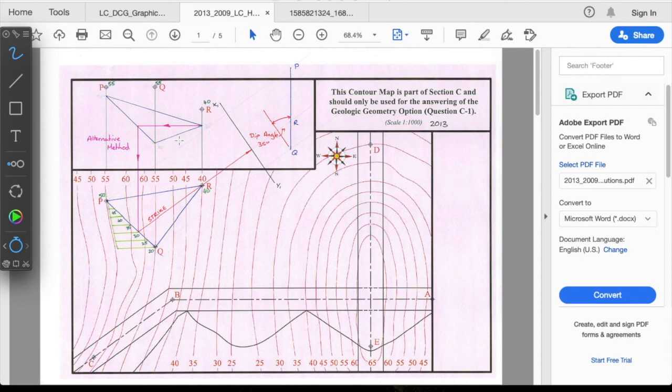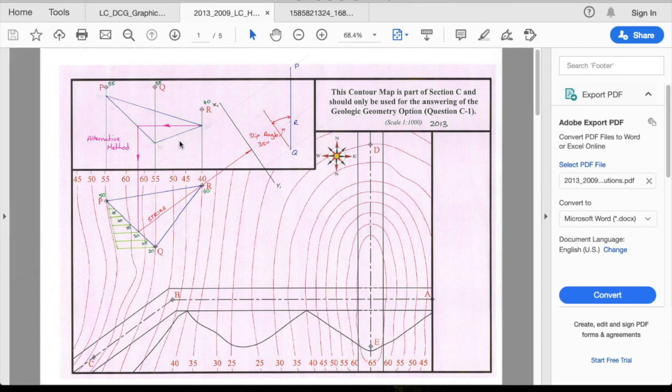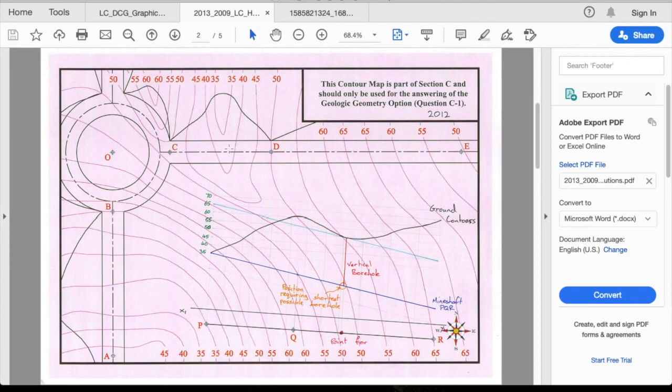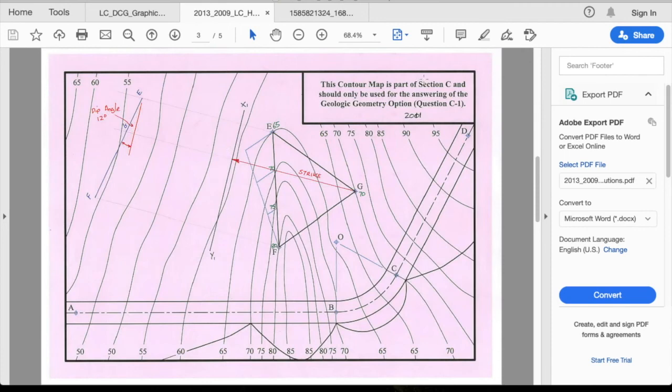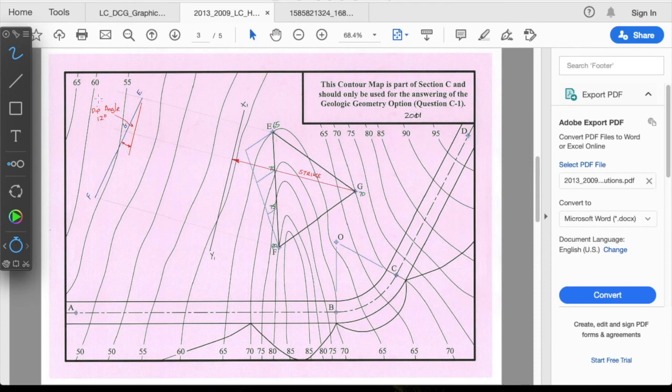For example, in the 2011 question, without going into the question, we were told that we have E, F, and G. They're outcrop points on the lines here.